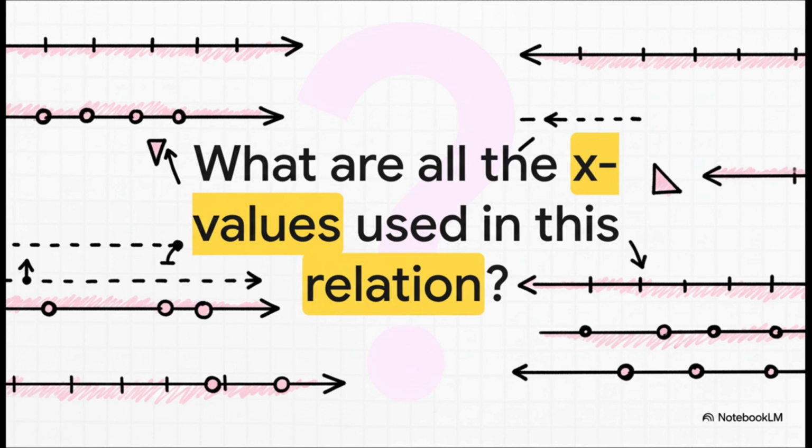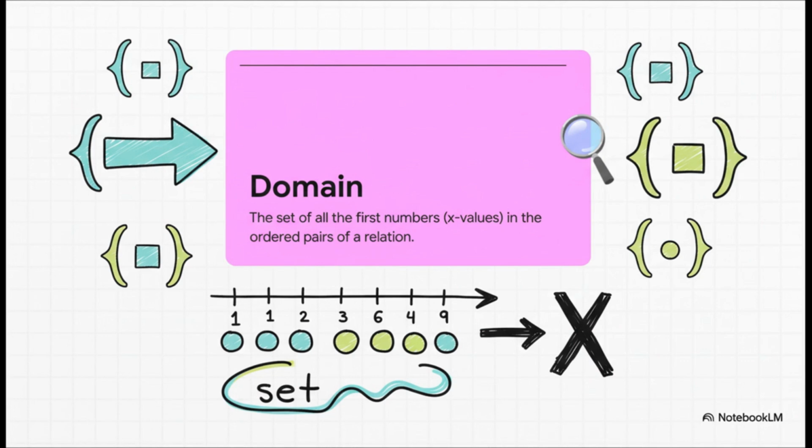Just look left and right. Which x values actually have a point sitting on them? Go ahead, take a second and just list them in your head. That list of all the possible x values, it has a special name, the domain. So for our graph here, if you look at each point and drop a line down to the x-axis, you'll hit -4, -2, 0, 1, and 3. That's it. That's our domain. It's the complete list of all the inputs our relation uses.